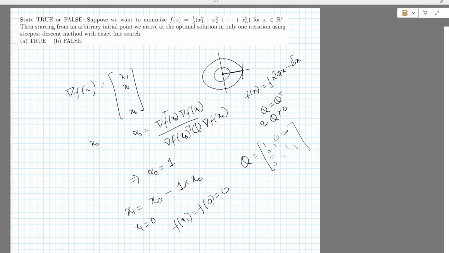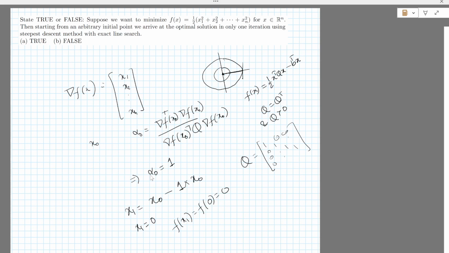So it will be 2 steps. If it was not converging at 0 but at some other point, then maybe we would require some other alpha.